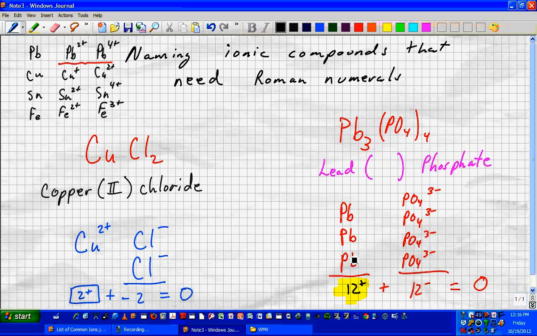So this +12 gets distributed to the 3 leads. So essentially what I've got is 12 divided by 3, which is going to give me a positive 4. So these guys are all +4, and that means I've got lead 4 phosphate.